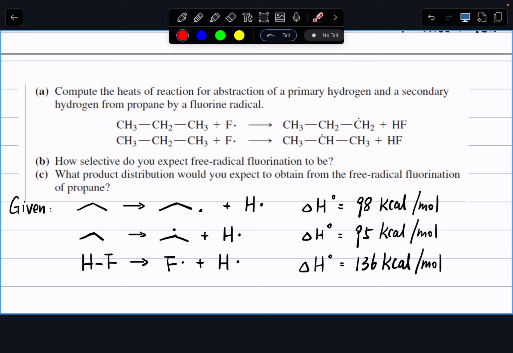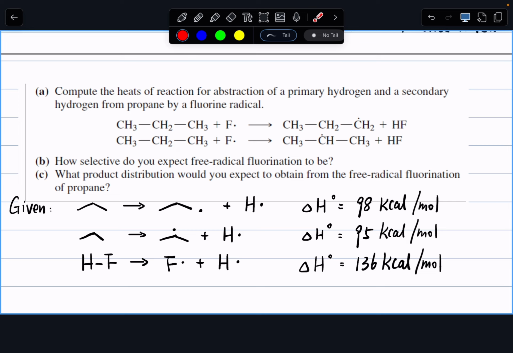In both cases, the difference in your product is always 3 kilocalorie per mole, whether it's fluorination, chlorination, or bromination. The difference comes from the kinetics, or using the Hammond postulate. So for the second question, using the Hammond postulate, we were stating if the transition state is closer in structure, they must be closer in energy.